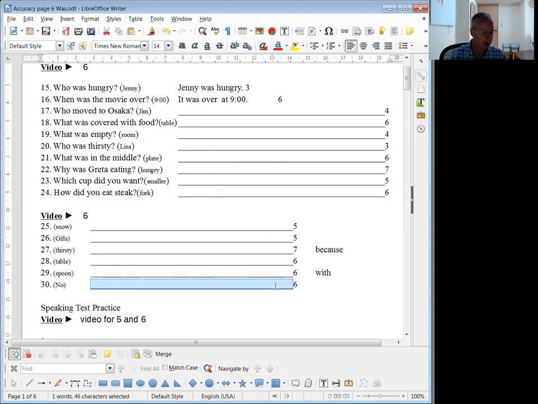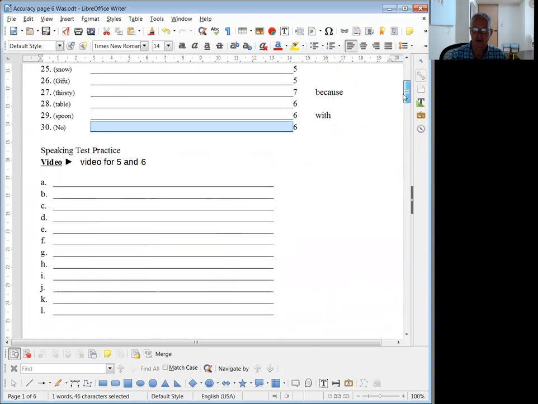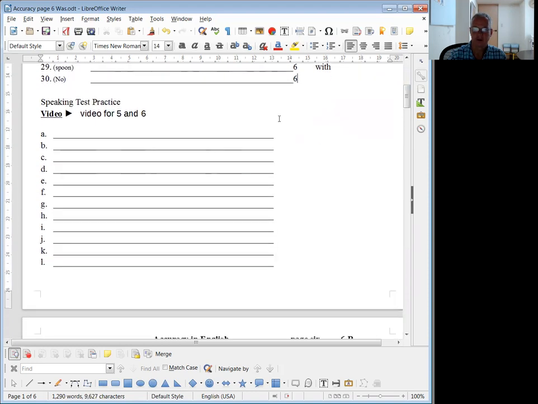Number 30. Was the room empty? Check your answers down here. And this part is finished. Next, we go to the speaking test practice.